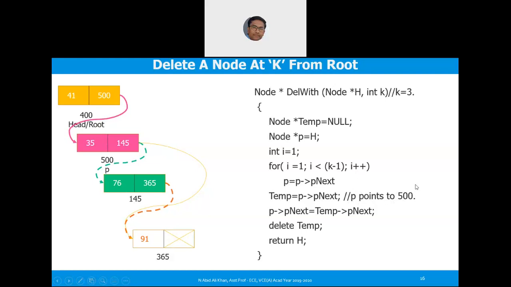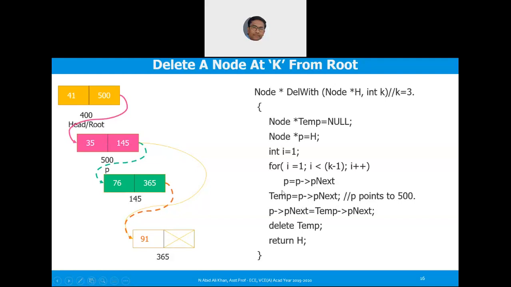Are you following? Now you take P arrow P next into temp because that is the node that you need to delete. Temp is pointing to 145, because 145 is the one you are going to delete.